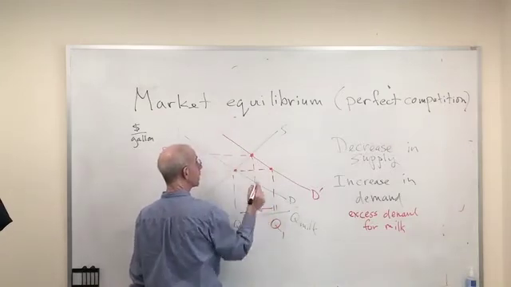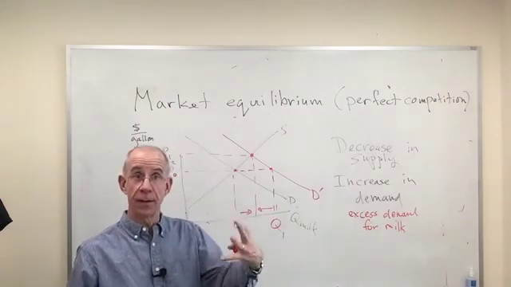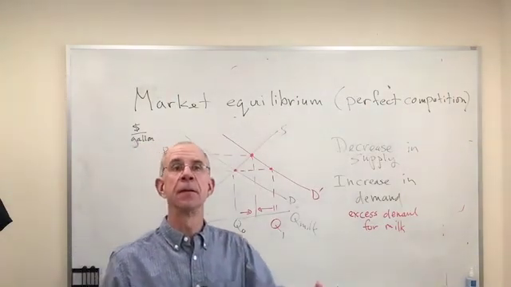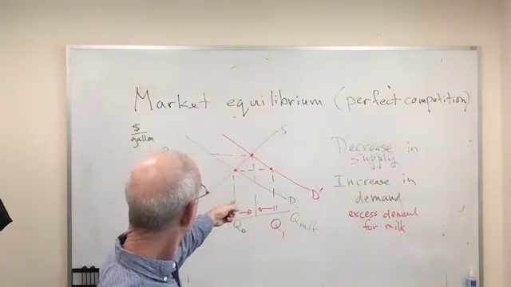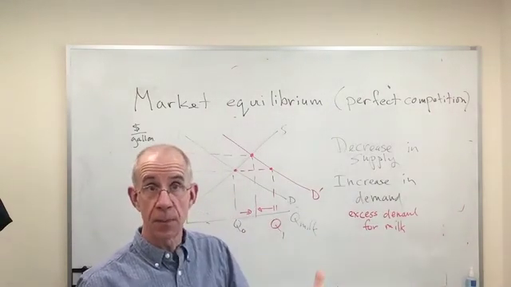Okay, where you have more supply that's generated to meet the demand and a decrease in the demand because of the higher price.